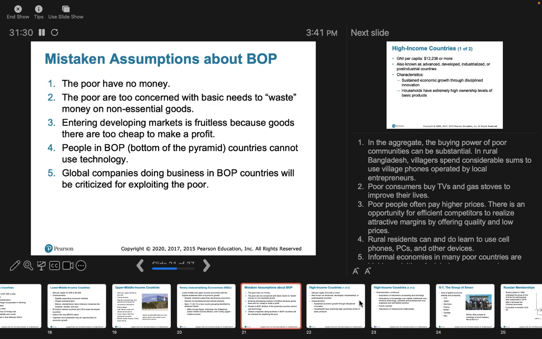Now we're going to look at BOP, which is the buying power of poor communities. For example, in Bangladesh, villagers spend considerable sums to use village phones operated by local entrepreneurs.